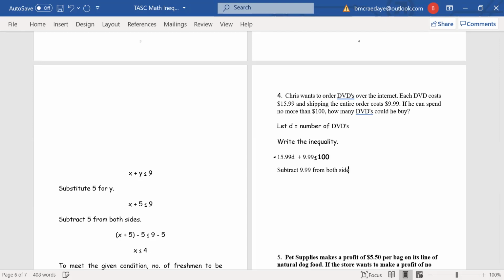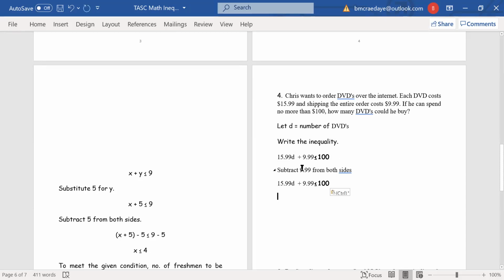Okay, so let's do that. Let's copy this and do our subtraction. That would be minus 9.99 on the left, minus 9.99 on the right.